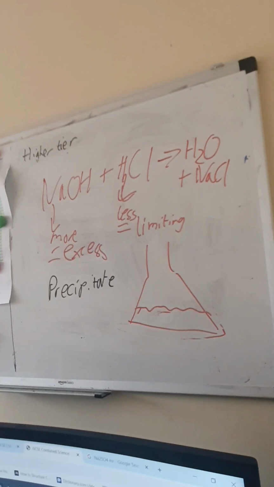It's less economical to have a limiting reactant, for example, so it costs more. You need a lot more funds to have a limiting reactant. It also might mean that you have less product than expected. So you want a certain amount of product.